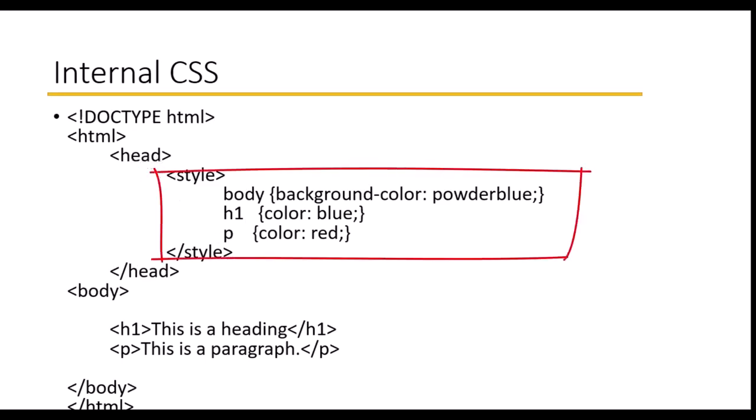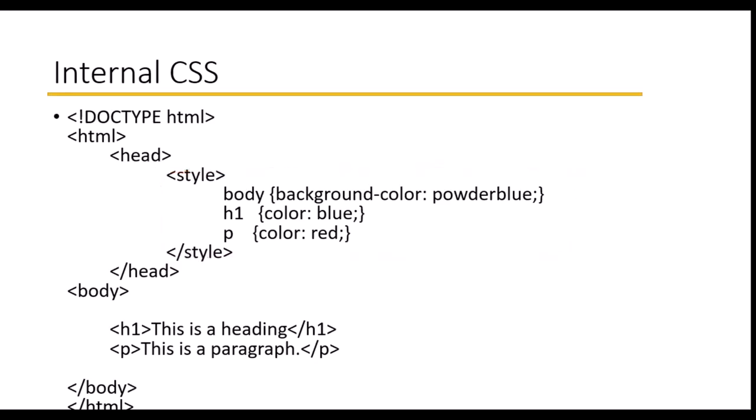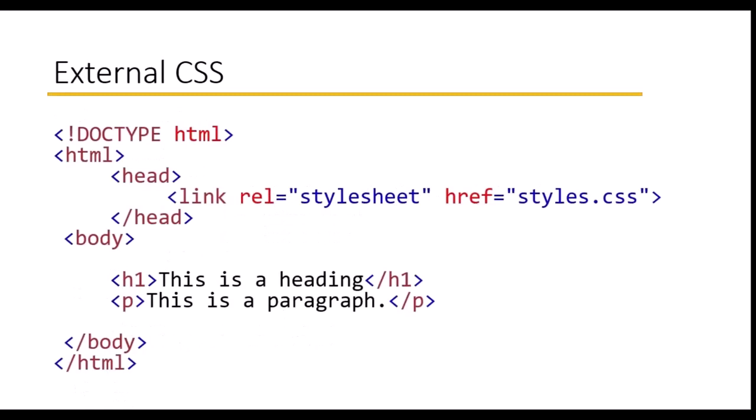So an internal CSS is defined in the head section of an HTML page with the style element. The following example sets the color of all h1 and p elements to blue and red. If you have another h1 and p element, this design will be applied to them as well. So now let's talk about the external CSS.